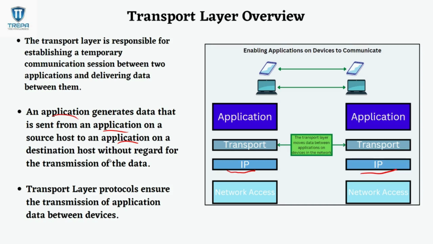That email application, IMAP, Outlook, it's not generating a communication session to make sure the data arrives correctly. So we need a transport layer protocol and a transmission control protocol to ensure transmission of application data between devices.